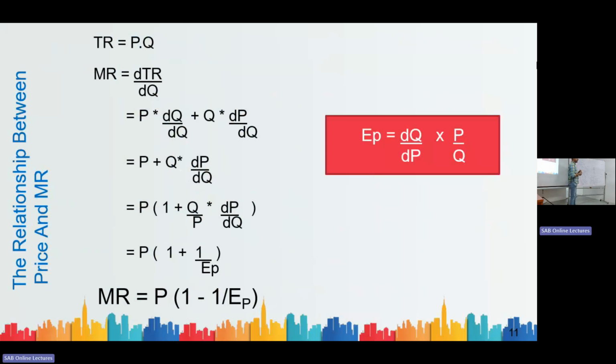Medicine as well. Knowing that their products have price inelastic demand, the firms producing such commodities should increase the price, then they can increase the total revenue.